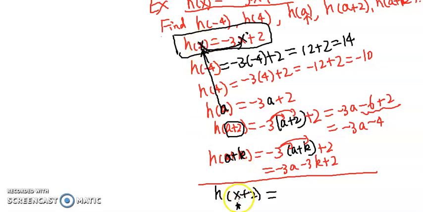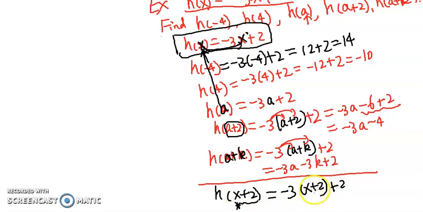So what we're going to do is replace the whole thing, just like when we did a plus 2. So you're going to replace x with x plus 2. When you see this letter x, you're going to put x plus 2 there. So x is replaced by x plus 2.